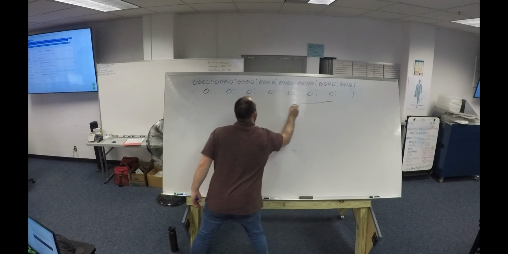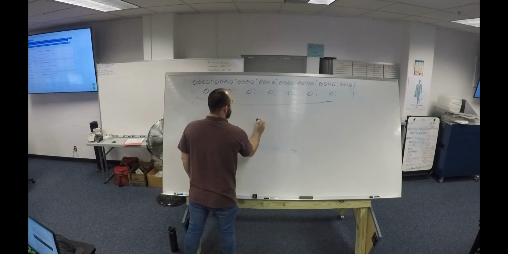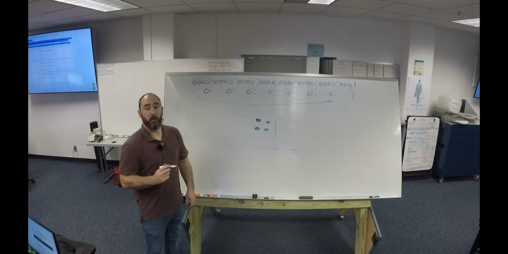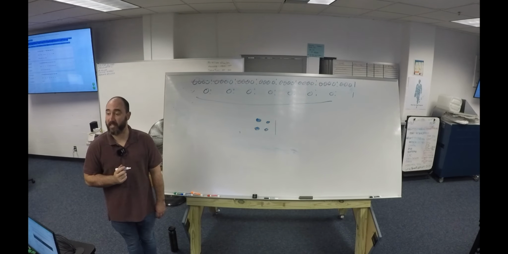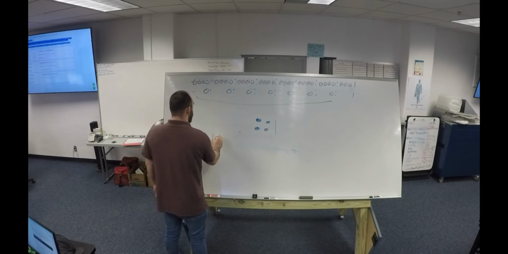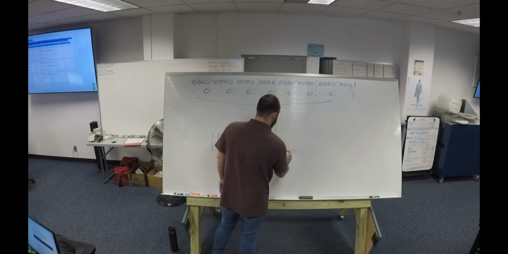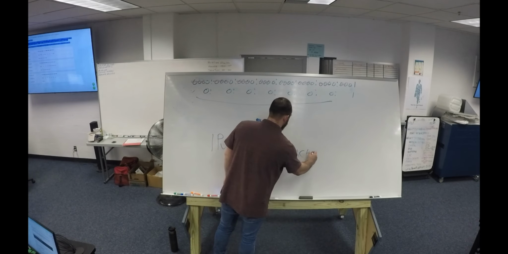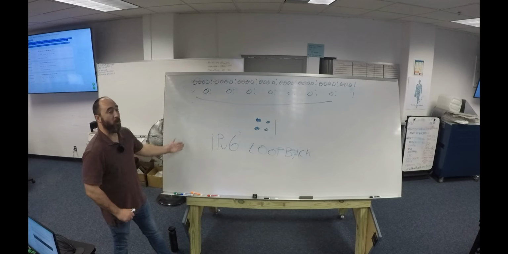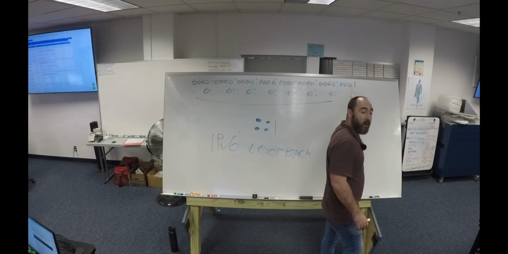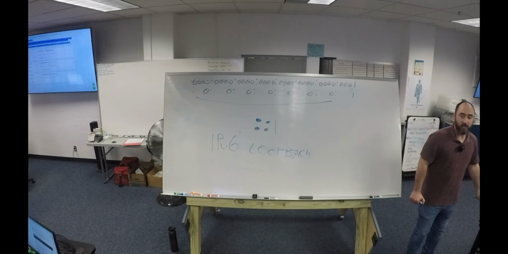We can replace all of this with ::1. Does anyone remember what address this is for IPv6? This is my IPv6 loopback address. ::1. What does that mean? 127 zeros and a 1.